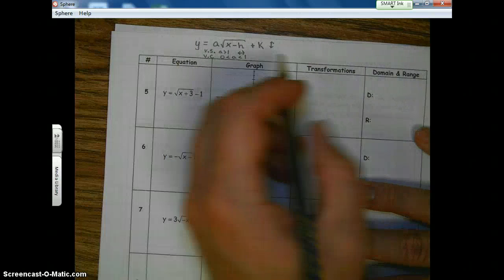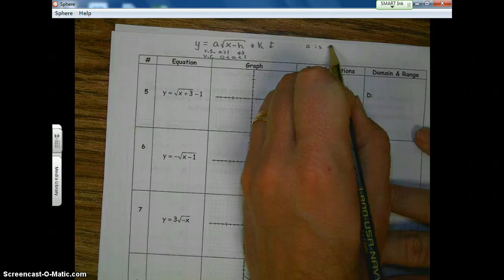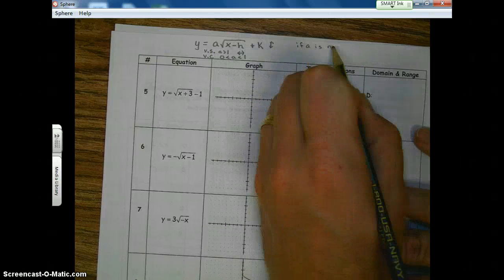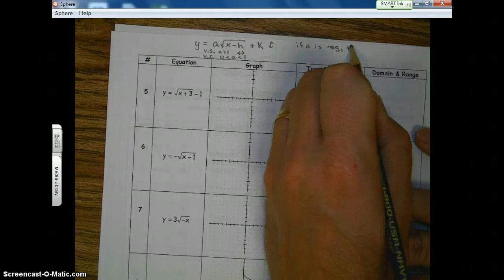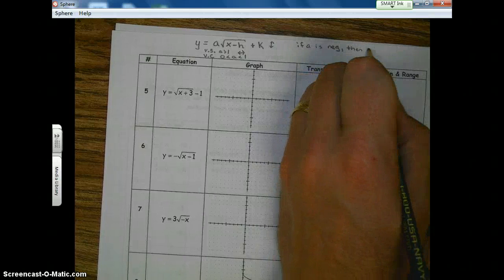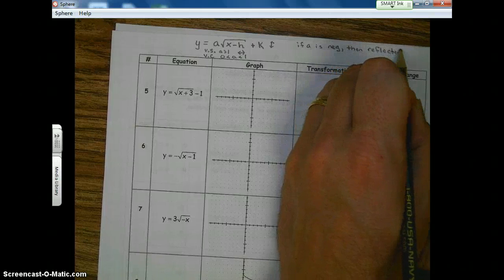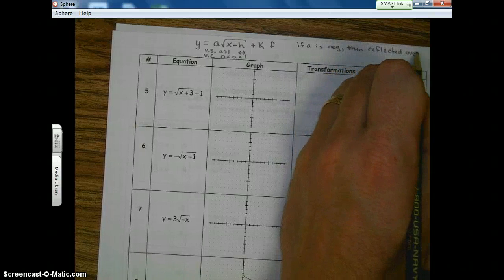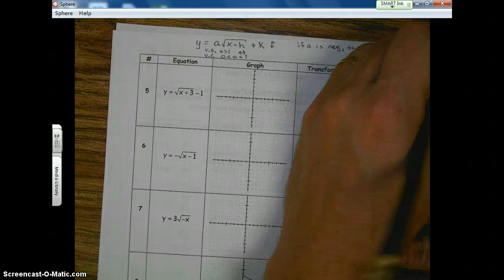Remember, if a is negative, then it's reflected over the x-axis. So let's get to it.